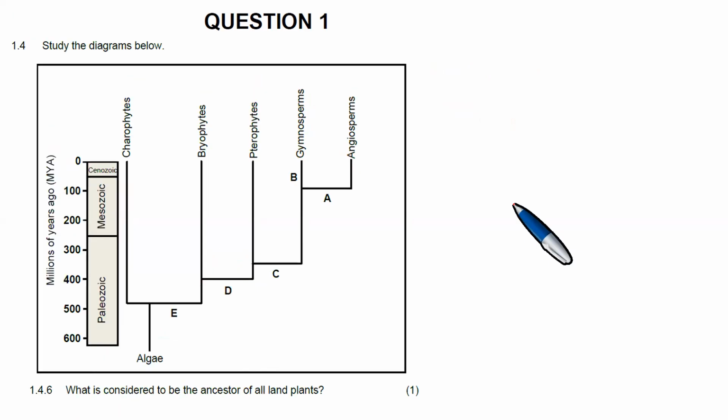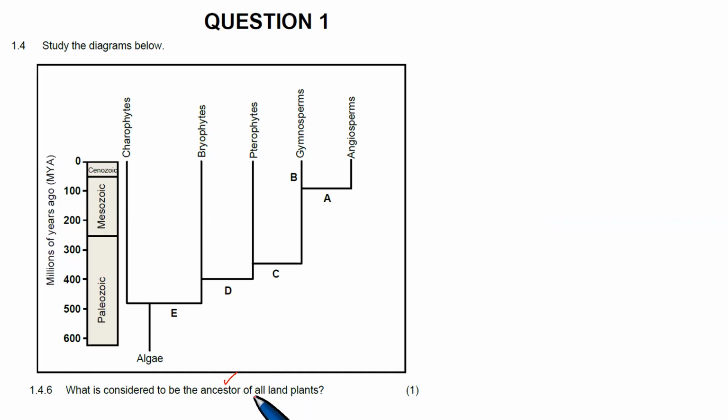Now, also, it's very important that when you look at these three groups of millions of years ago, the MYAs, we have what is considered to be the ancestor of all land plants. There is the ancestor of all land plants. What does it mean to speak of the ancestor of all land plants? The oldest one.